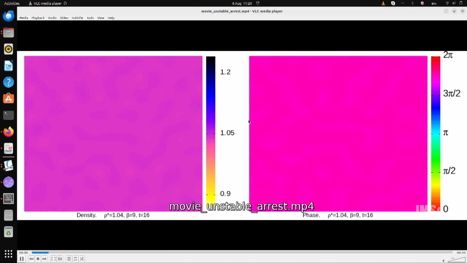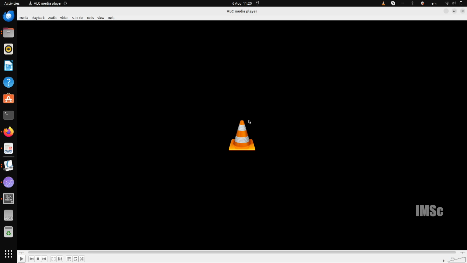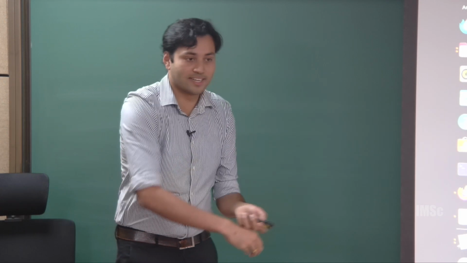If I just play the movie, you see you start from a homogeneous state, domains form, and then these domains undergo a secondary instability, and you get to this phase of waves. Once you hit the state of waves, these are stable, the waves are always there, the waves don't go away. So it's a non-equilibrium system, there is no equilibrium analog of this. If I played the movie backward, you would see the waves go back in, that doesn't happen.